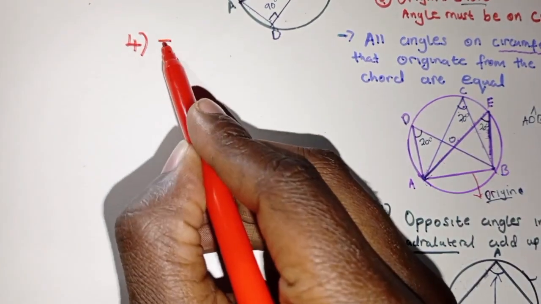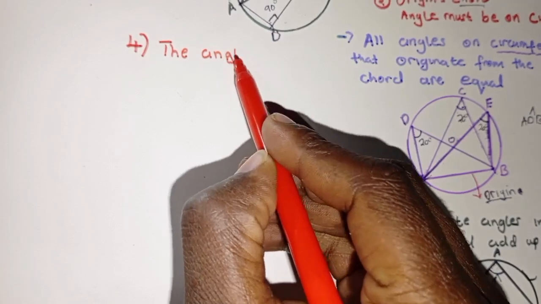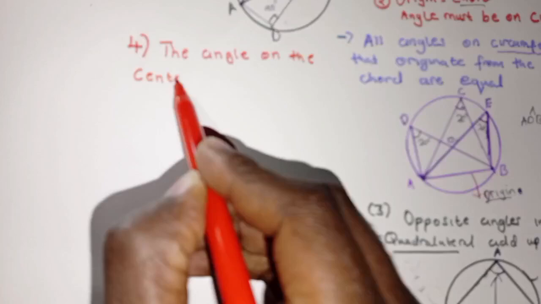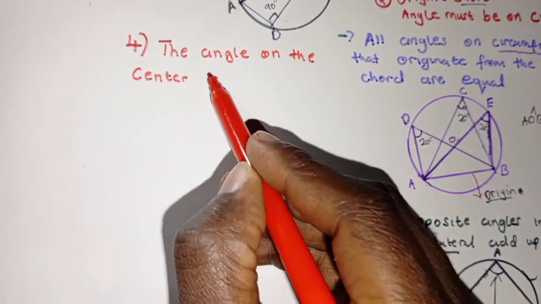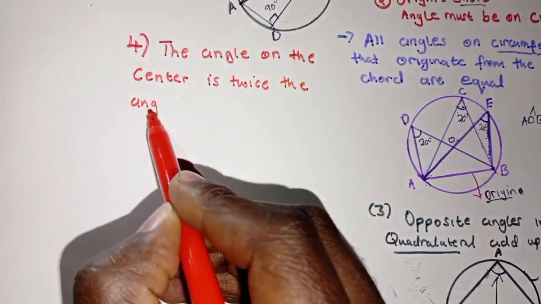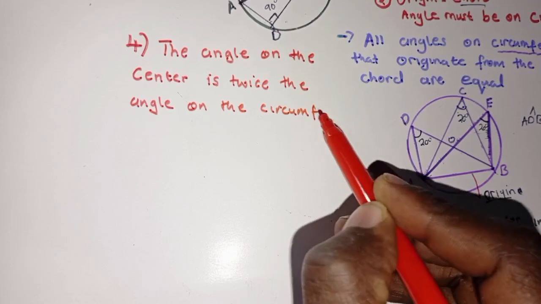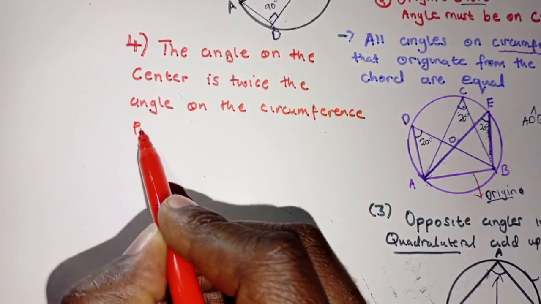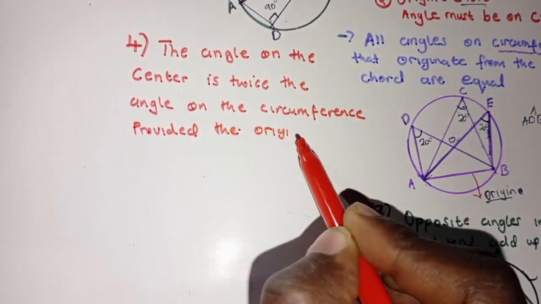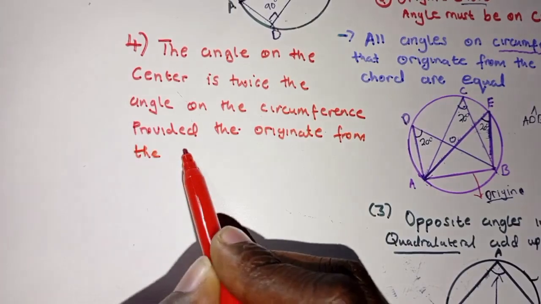So we're going to say this: the angle on the center is twice the angle on the circumference, provided they originate from the same chord.